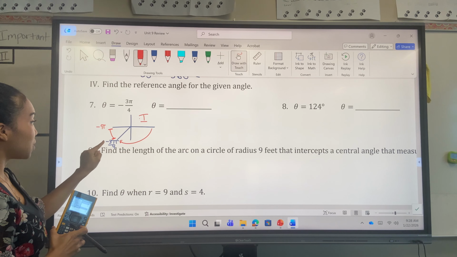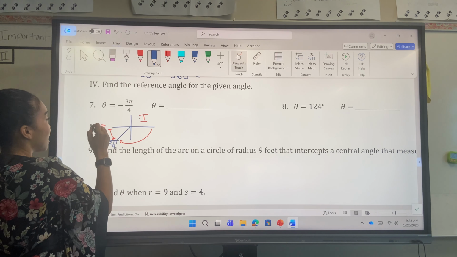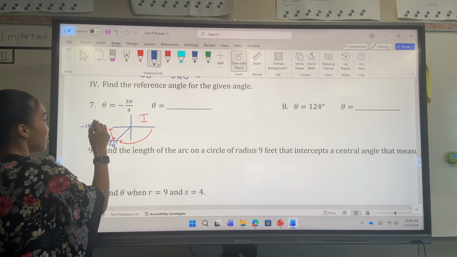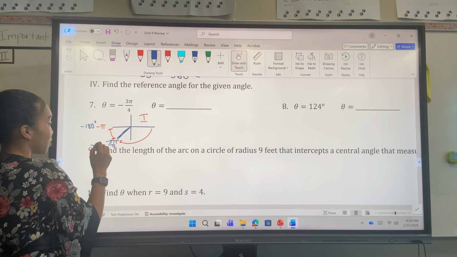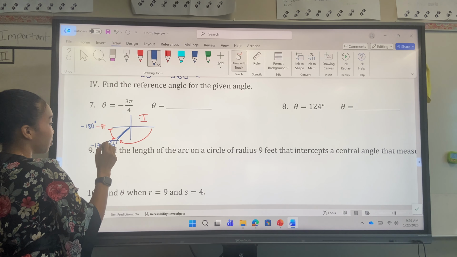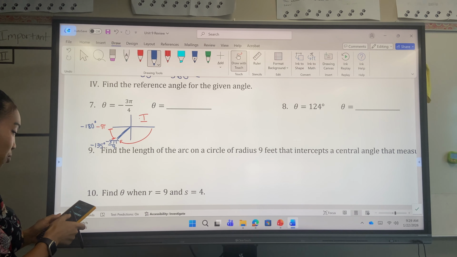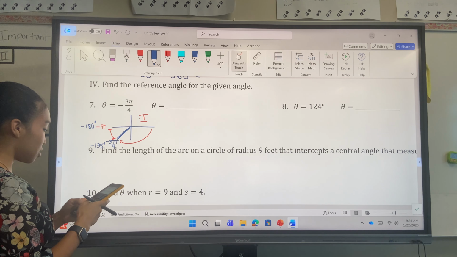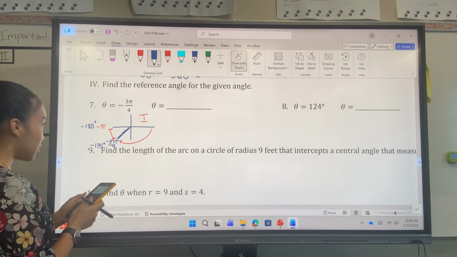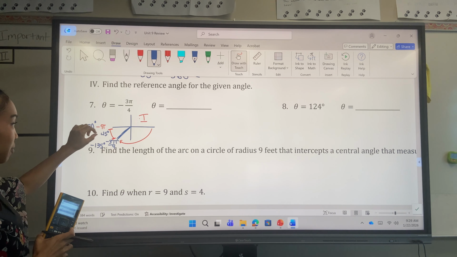So the distance between negative 3 pi over 4 and negative pi, you can think of this as negative 180 degrees, and you can think of this angle as negative 135 degrees. So what is that distance? So what you're going to do is 180 minus 135 is 45 degrees. So this is a 45 degree difference right here.